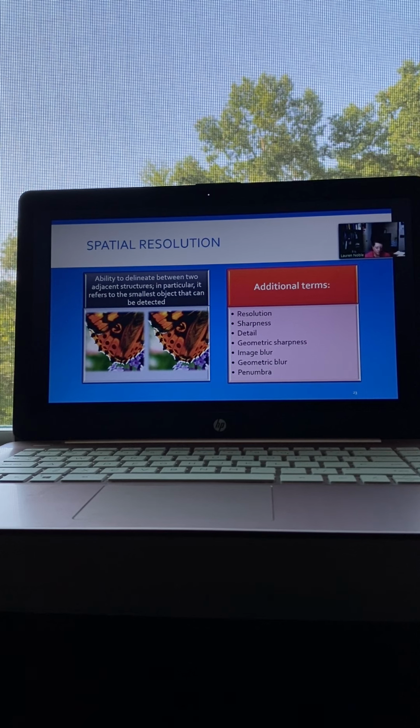And in the fall, you'll have another math formula, another calculation that pertains to spatial resolution. You'll be calculating the amount of image blur or geometric blur or penumbra. So just be able to recognize all of these names as a part of spatial resolution.